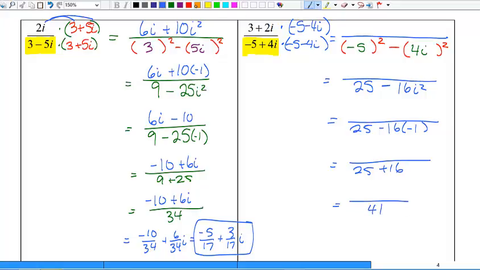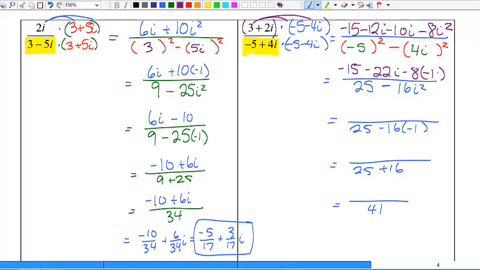Now that I've successfully got the denominator to not have any imaginary numbers in it, I can go back and distribute the numerator. I can't use a shortcut on this because this is not a conjugate pair in the numerator. I have to do it the long way, so I have negative 15 minus 12i minus 10i minus 8i squared. So negative 15, the 12i and the 10i, that adds to negative 22i.